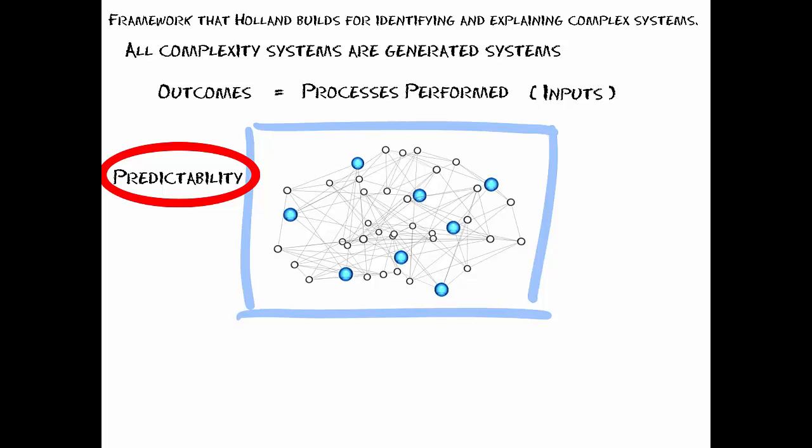So if it's highly predictable, then it's probably a complicated process. Even if it looks very complex, if you can go to each one of the nodes, and in each node inside this thing, you can actually have a high degree of probability of what's going to occur and what the outcome is going to be, then the chances are that you're not dealing with a complex process. The chances are that you're dealing with a very complicated process.